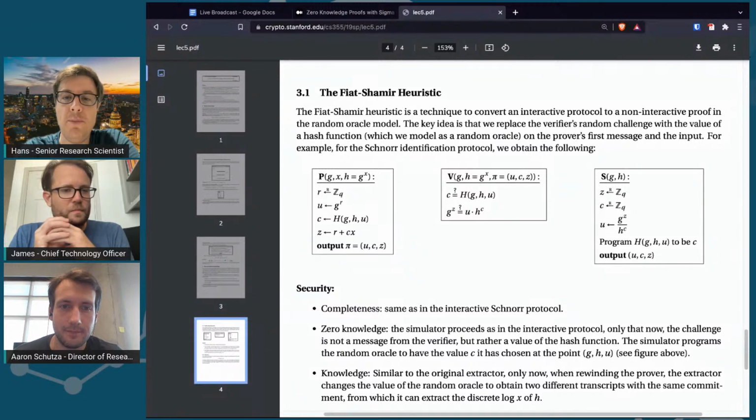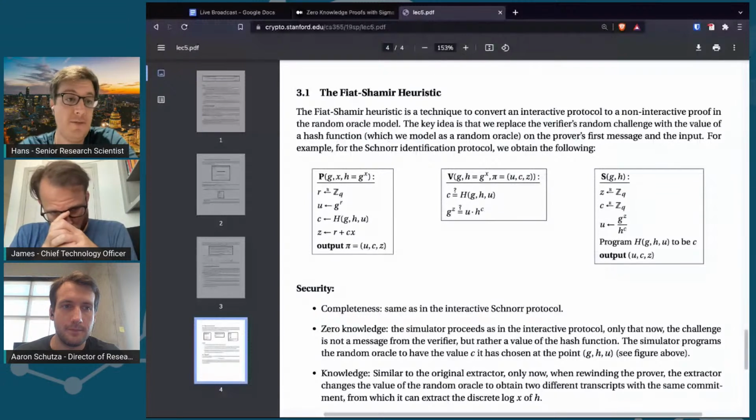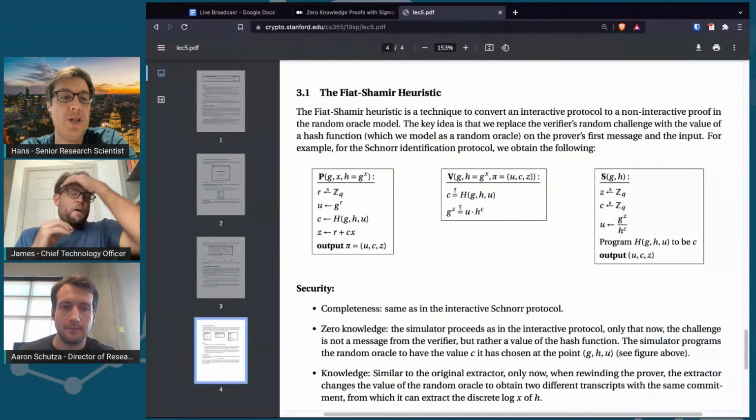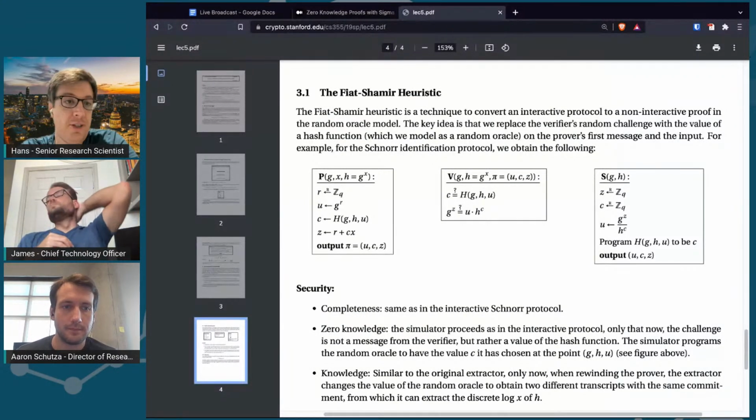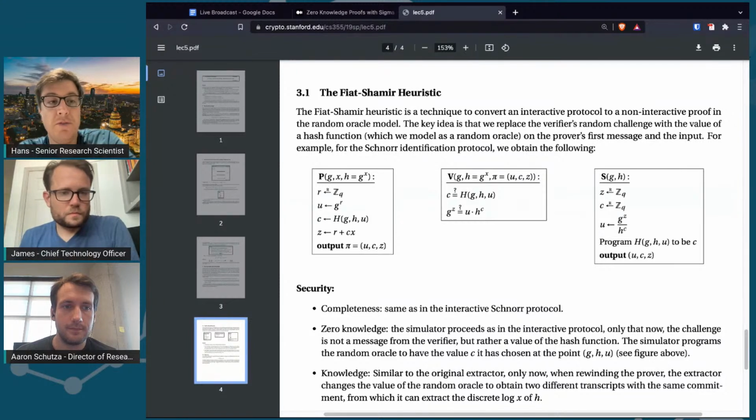Okay. Well, before we do that, I just want to share the core idea behind how we can make them non-interactive, regardless of what we're doing, which is using hash functions. Remember how we generated that R, and then we used it to create our commitment T, and then we sent that T over, and then we got a challenge back.